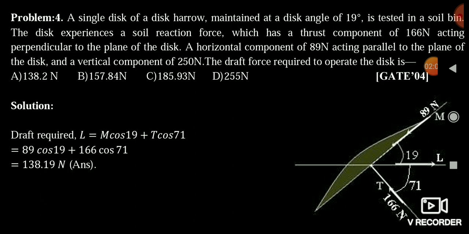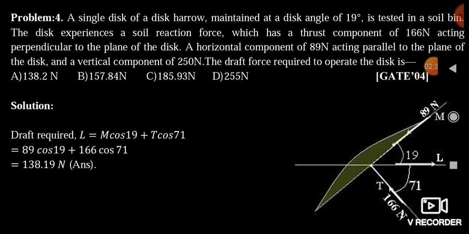So friends, to calculate the draft, you take the component of both M and T in the direction of travel. So friends, M is making the angle of 19 degree. So M cos 19 plus T, friends, T is perpendicular to the surface. That's why T is making the angle of 71 degree, means 90 minus 19.